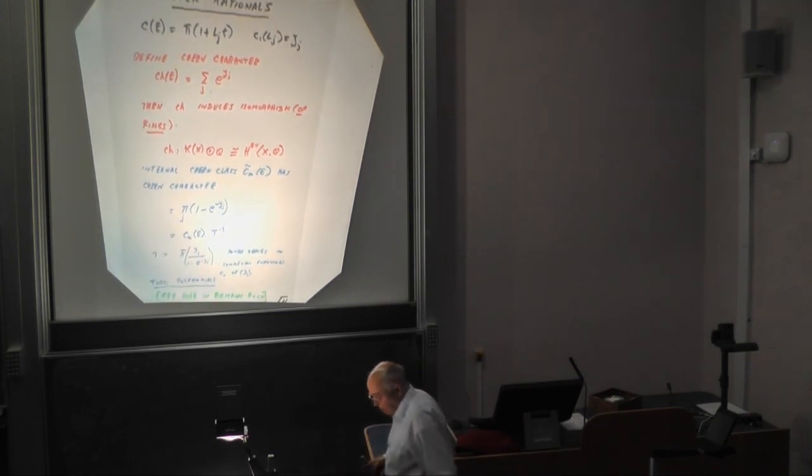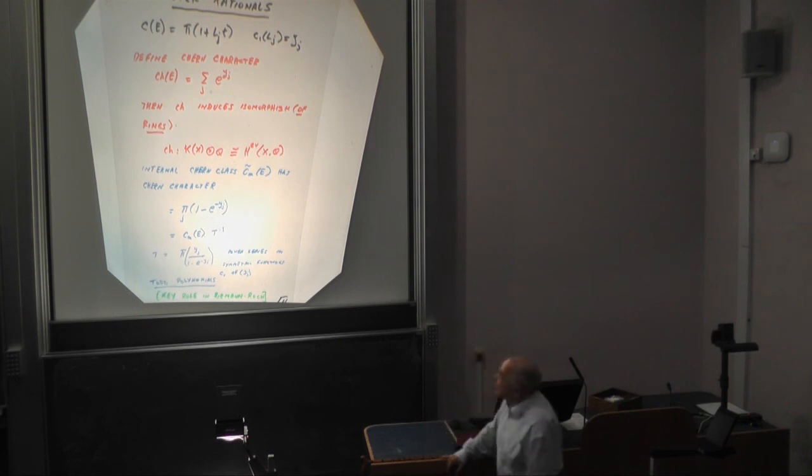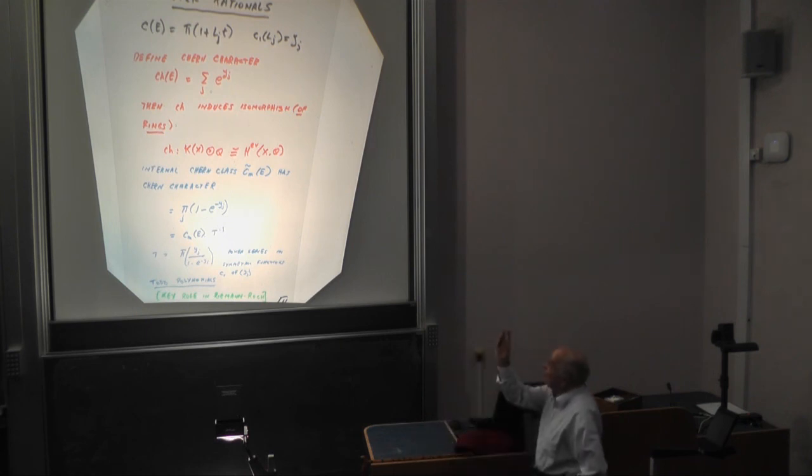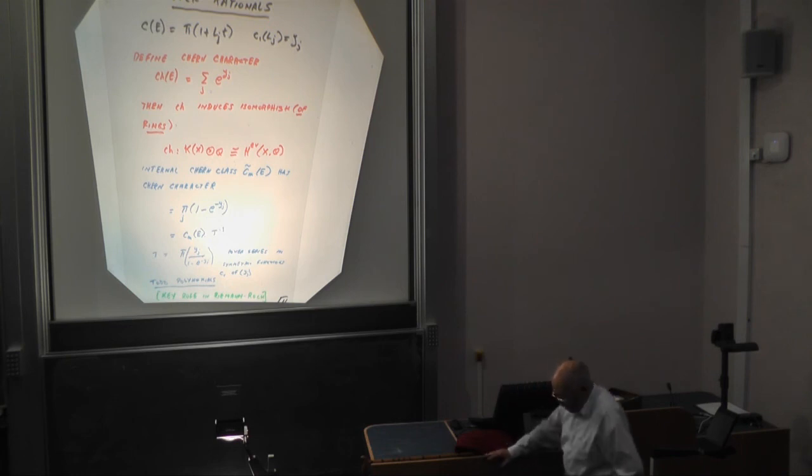So over the rational numbers, there's the total Chern class, defined up there for you, but you can define what's called the Chern character. The Chern character is defined as the sum of the exponentials of the classes. Now, an exponential of a two-dimensional class is just formal. It just means you expand the power series, and eventually it stops because you get above the dimension of the space. These are called the Chern character.